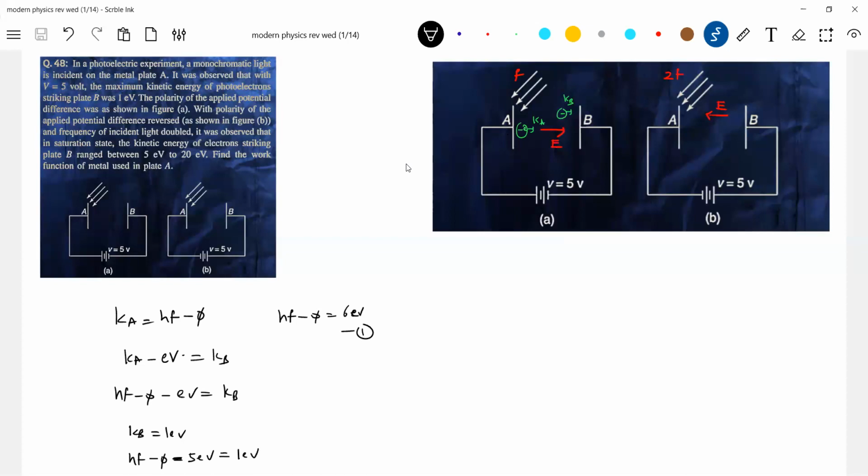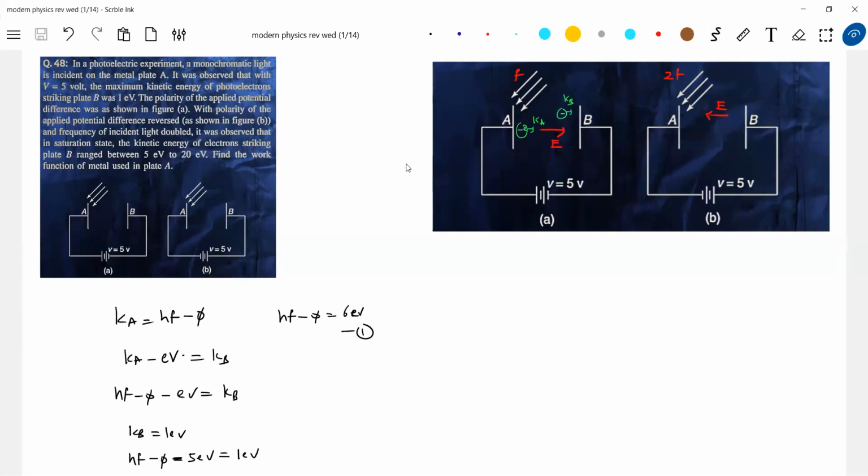So 5 electron volt to 20 electron volt. What do you mean by that? The kinetic energy of electrons striking B will range from 5 electron volt to 20 electron volt. That's what it's telling. So what is the energy added by this cell? 5 electron volt it will add, no?